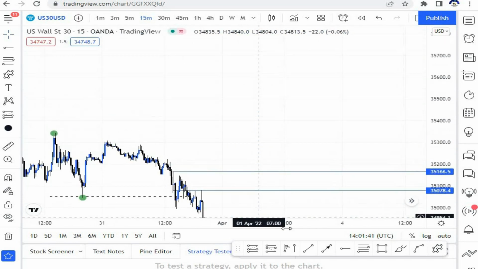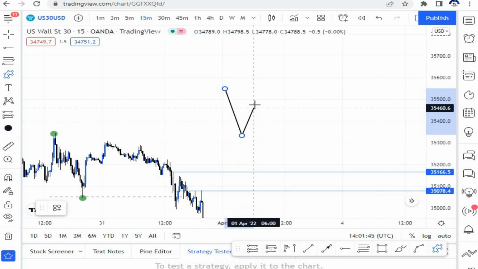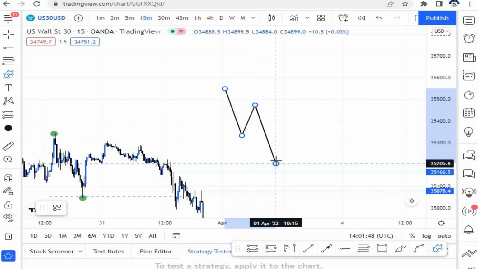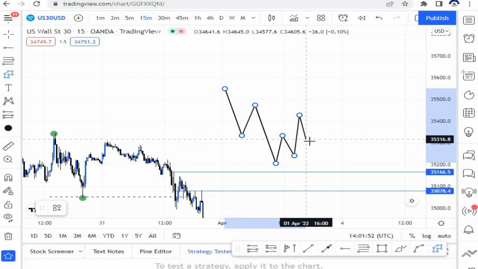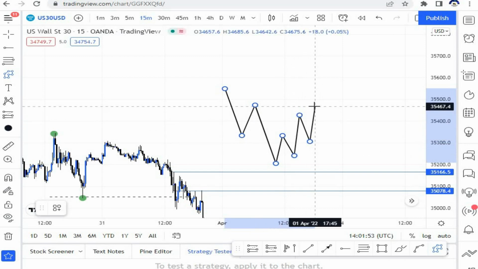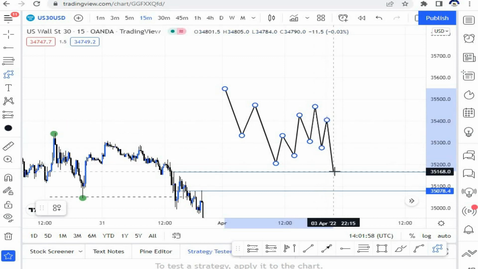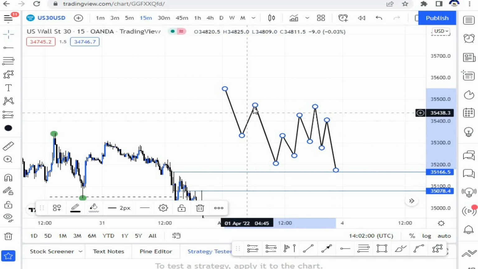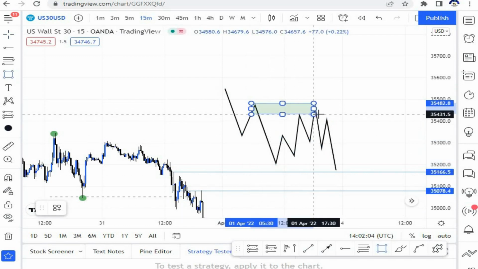We had a drop base drop, and we're expecting the price to come and pick the orders. Why? Because if price gives us a drop base drop, we expect the price to give us a pullback with a correction, and then they'll pick the orders and shift the market, give us a change of character, and then they'll continue going down, meaning we'll only look for trades around this zone area.